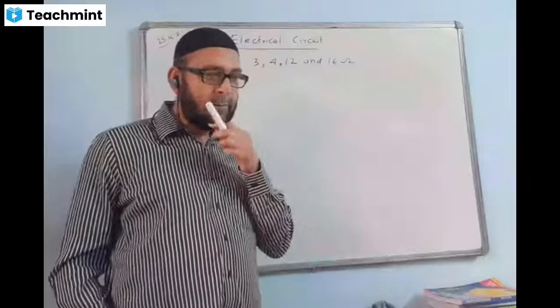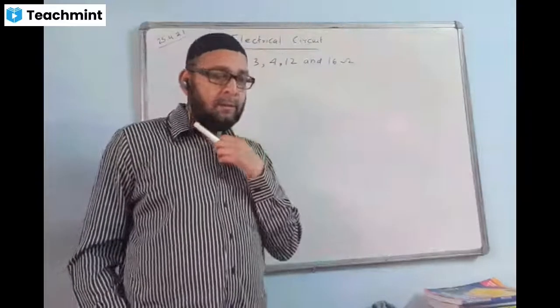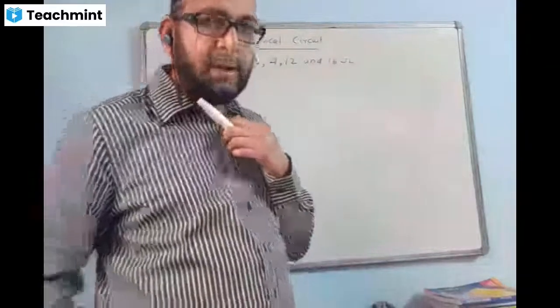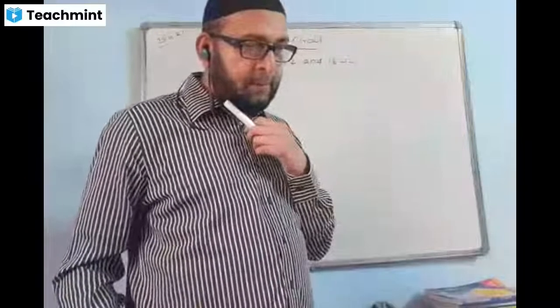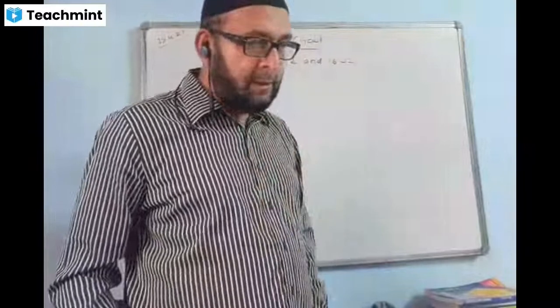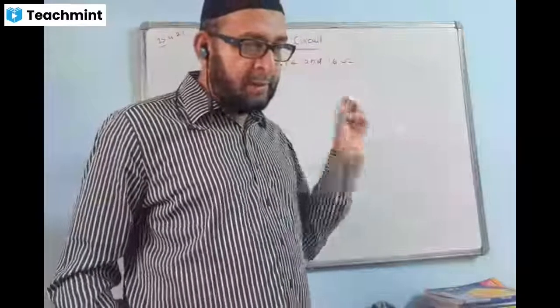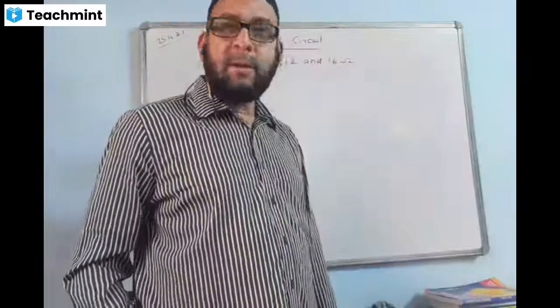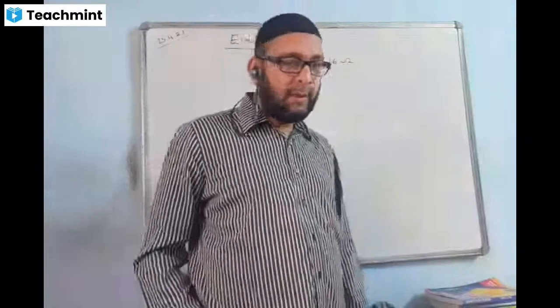Okay, that is the question. Once again, I repeat, a student has two wires. By connecting them individually or combinedly, he can obtain resistances of 3 ohm, 4 ohm, 12 ohm and 16 ohm.